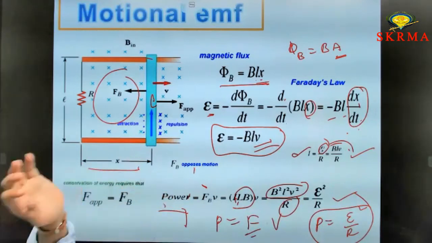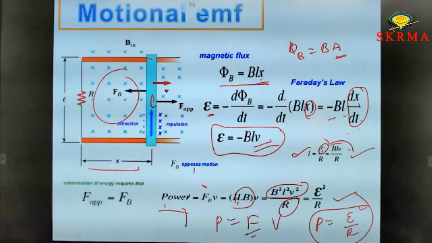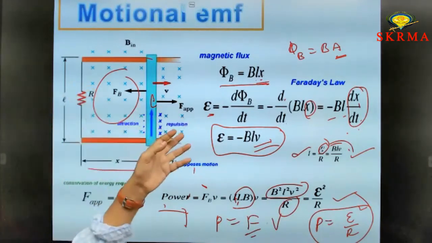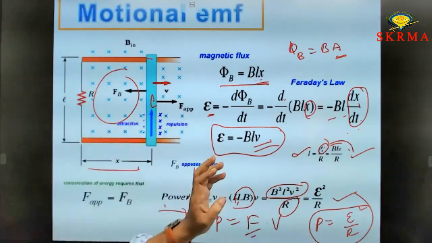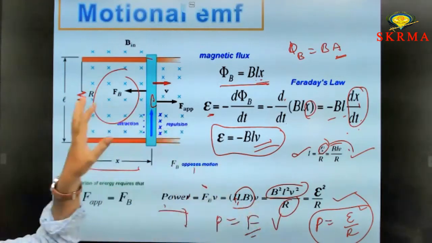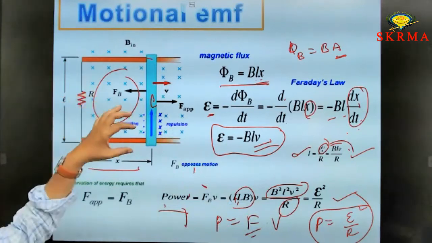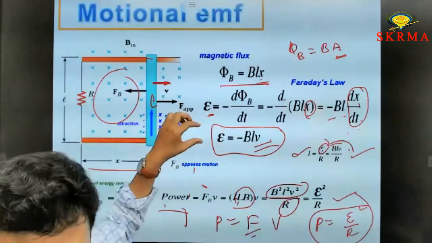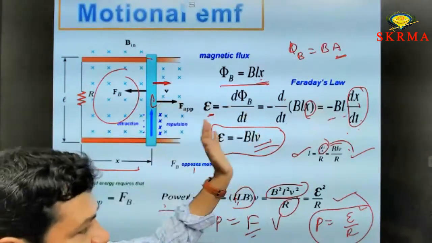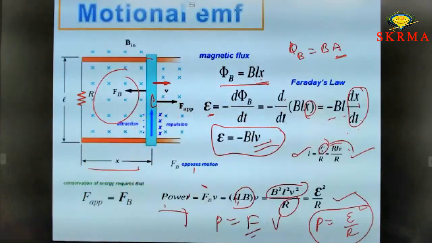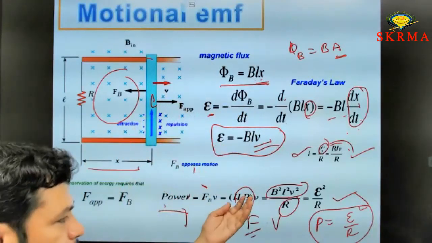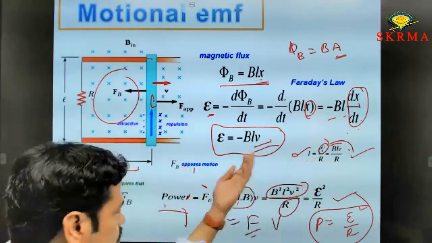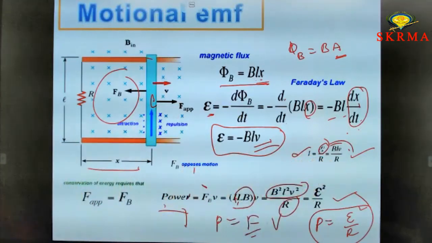These are the important quantities you should keep in mind. First, when the bar is moving, the induced EMF is BLv. Remember BLv. When a rod is moving on rails in a uniform magnetic field, the induced EMF equation is BLv or minus BLv; consider the magnitude. Then you can calculate the I value and the power generated in this motional EMF.